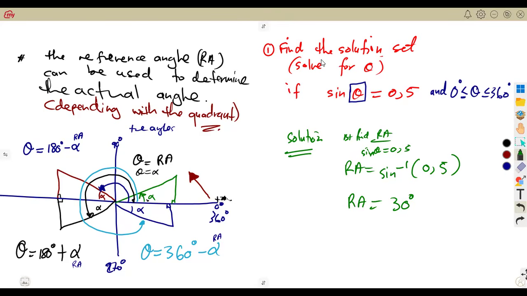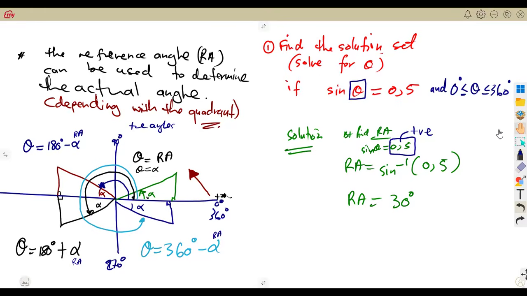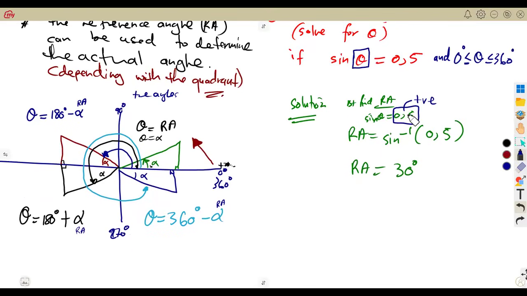So what will be the exact solution now for theta? This is what you do. You take into consideration that sine theta is 0.5 here, which is positive. Remember I talked about the signs in the quadrants. That's where the signs of the quadrants play a role, because this sign is positive. In which quadrant do we have sine as positive?